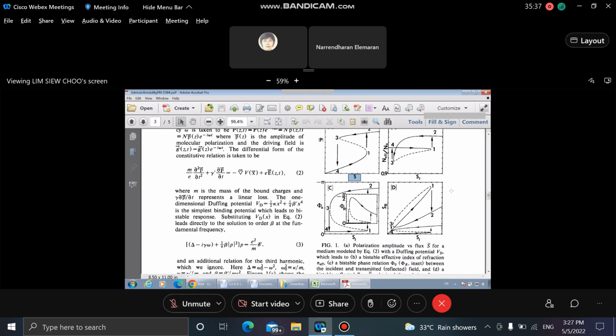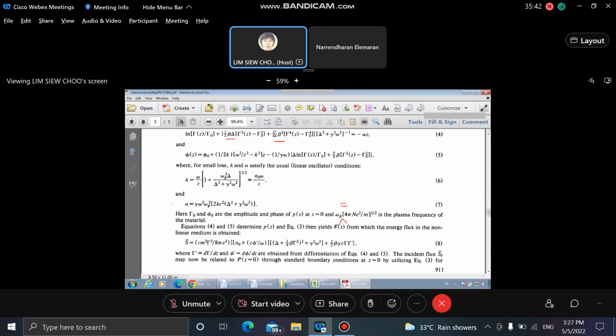So this is a suggestion, but if you manage to work out the S from the E cross B, remember, if you want to work out the S here, you must use the Maxwell equation.